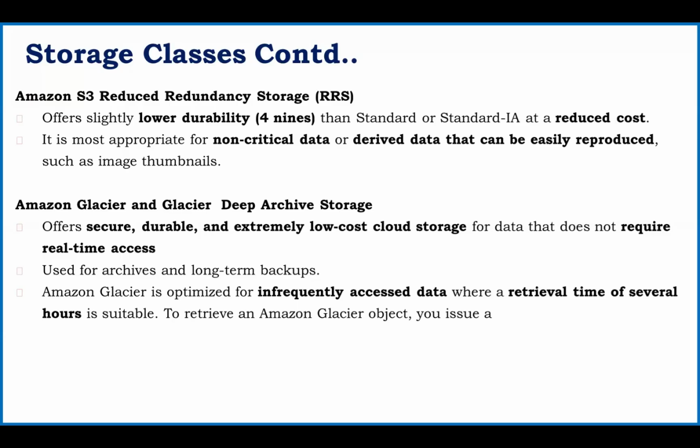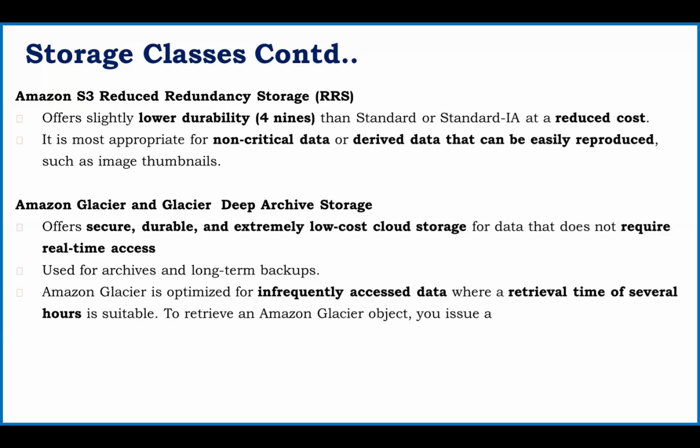Also, we have deep archive storage, the one we use for archives, as a long-term backup file. Then we store the data in Amazon Glacier. Amazon Glacier offers secure, durable, and extremely low-cost cloud storage for data that does not require real-time access, and is used for archives and long-term backups.